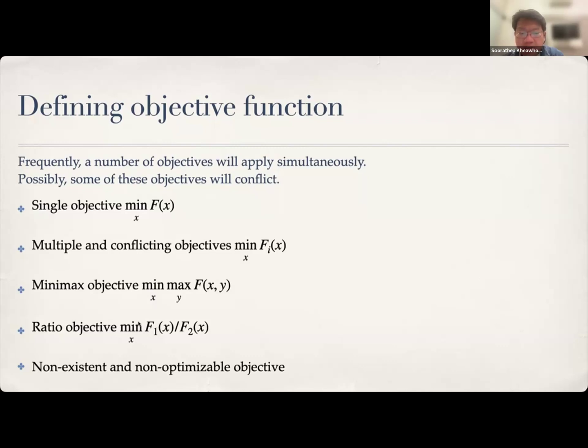You see that? If we minimize this ratio, that means we try to minimize F1 and maximize F2 at the same time, right? And one special case is non-existent and non-optimizable objective function. In some cases you formulate the optimization problem, but the objective function is non-optimizable.